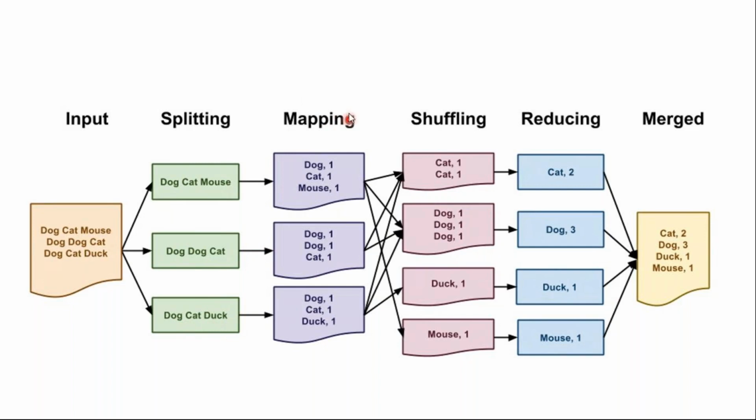Now the mapper has split this further, and then it has assigned one to each and every word that is given by the splitter. That is perfectly fine. Now shuffling will happen, that is movement of records from one machine to another machine.